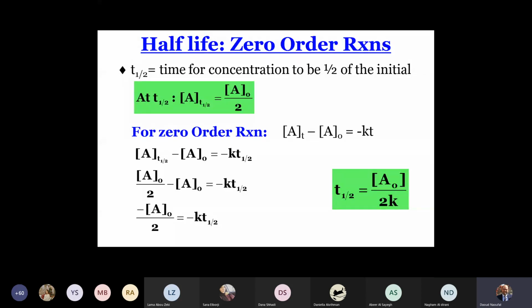In the third, you start with 3A0. So t-half in the first is equal to A0 divided by 2K. We will observe that by changing the initial concentration of A, t-half increases, so t-half is directly proportional to A0 and the reaction is 0 order. In the second order, we will observe that t-half is inversely proportional to the initial concentration.